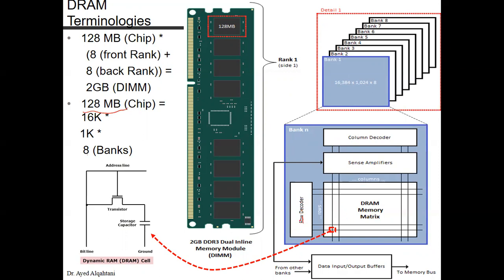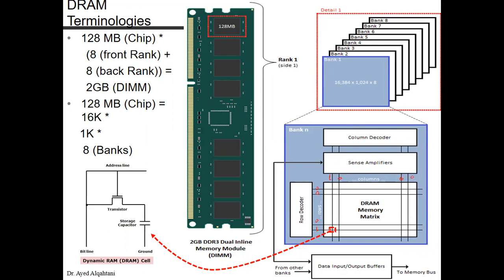And you need a row decoder to access one of the rows. You know the decoder's job is to have one of the lines equal to 1 and the rest equal to 0. Similarly, the column decoder will choose one of the lines of the column to be 1 and the rest equal to 0.